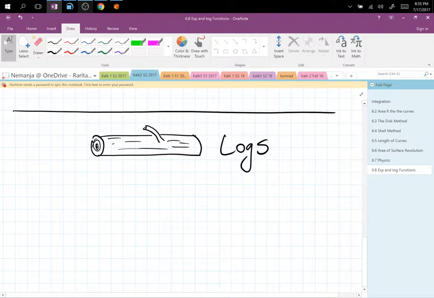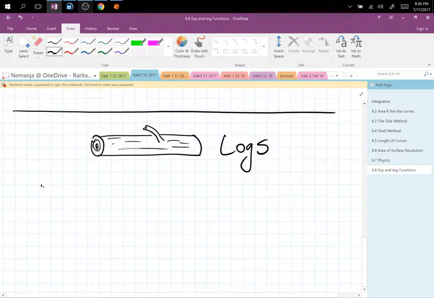First of all, logarithms are mathematical operation that happens between 2 numbers. Logarithms are not functions. Just like trig, sine and cosine are not functions. It becomes a function when you get x involved.